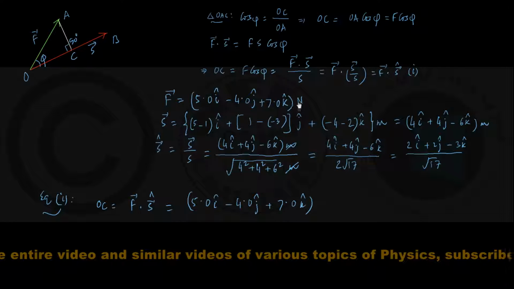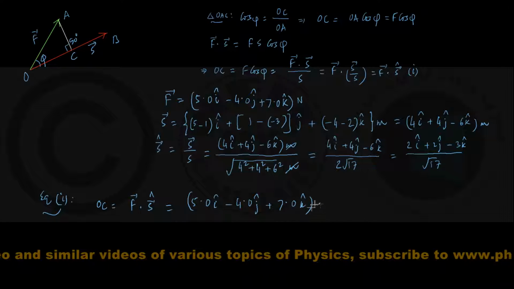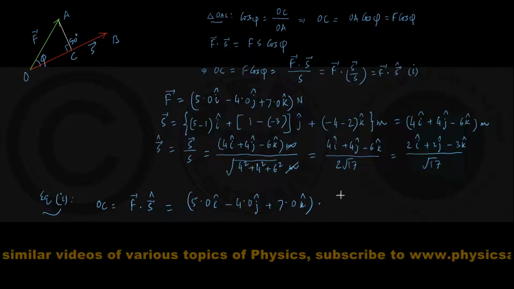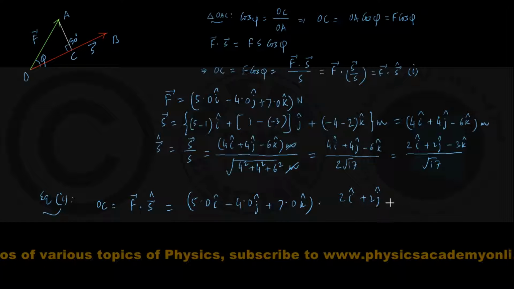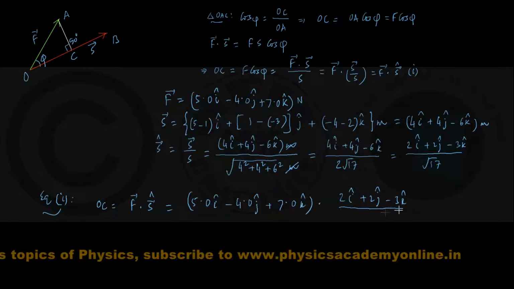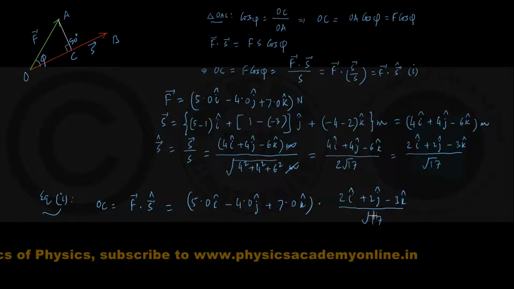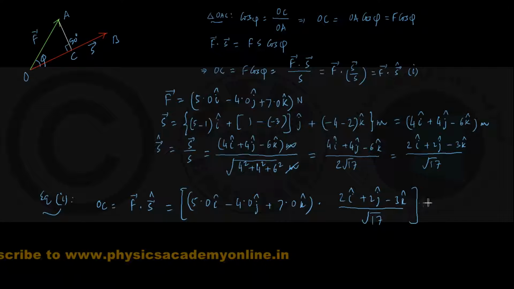I will be writing the unit Newton later, and then dot S cap, that was 2i plus 2j minus 3k divided by square root of 17. This is the whole thing, and I write the unit, that is Newton, outside.